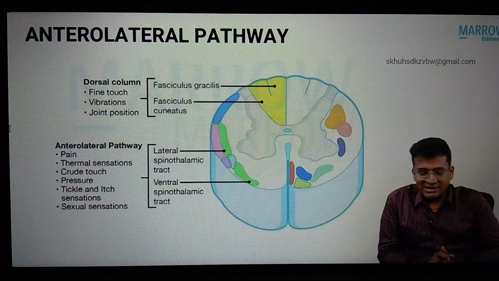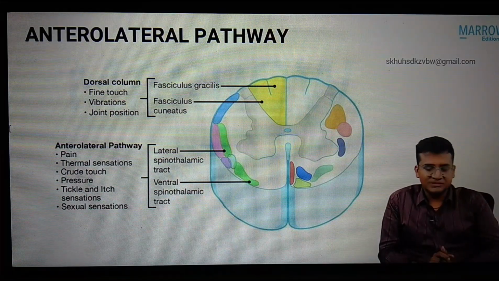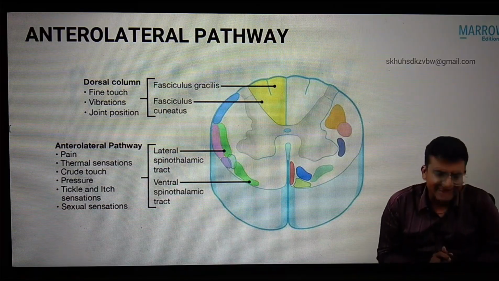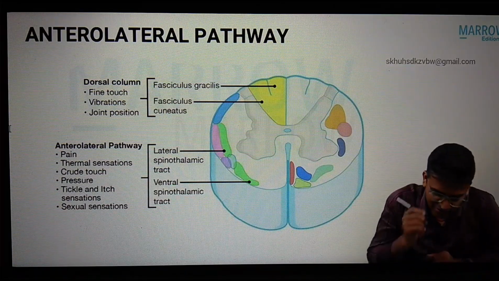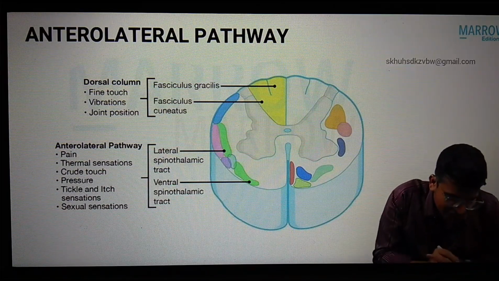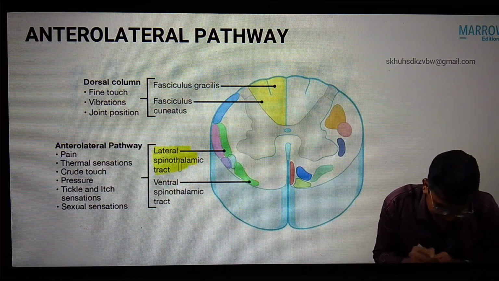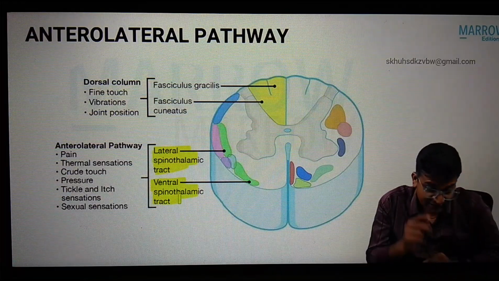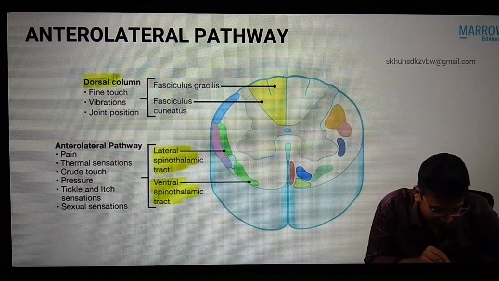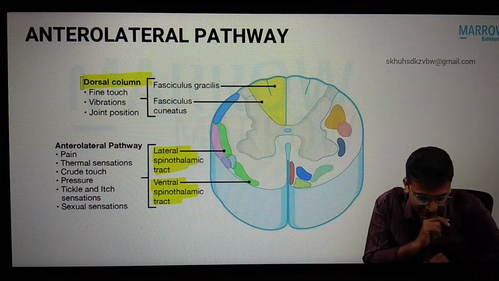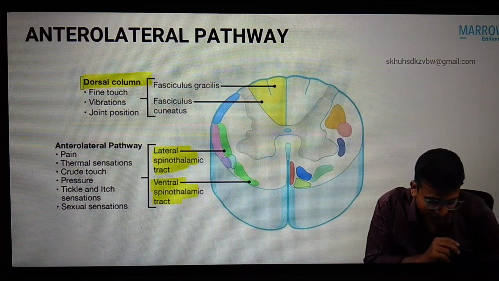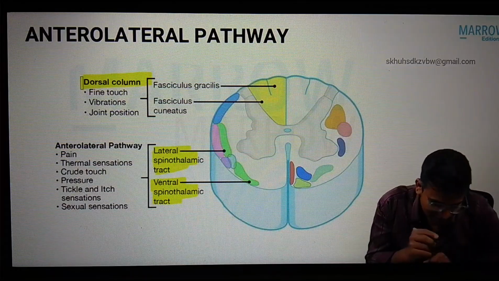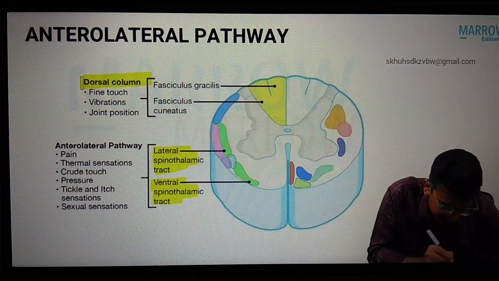Now that's all about the descending tracts. And next we're going to see the sensory tracts, the ascending tracts. So we have lateral spinothalamic tract, ventral spinothalamic tract, the dorsal column tract, and we also have the spinocerebellar tracts.